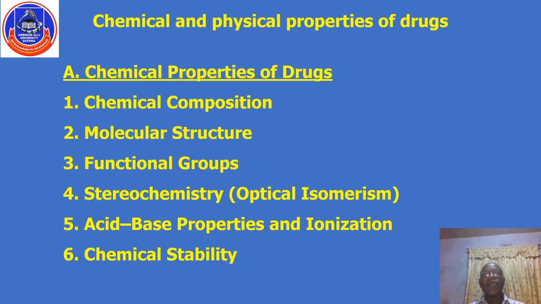Now, we are starting with chemical and physical properties of drugs. A drug possesses specific chemical and physical properties or characteristics that determine how they behave in the body.